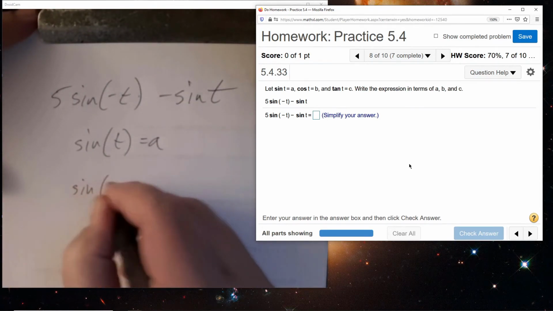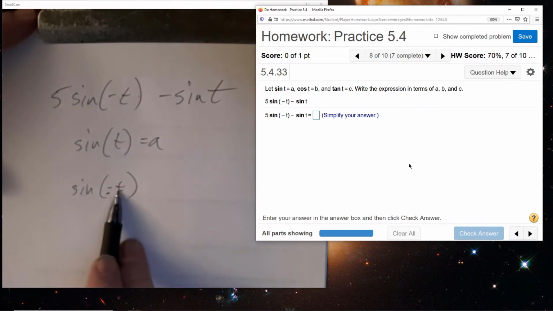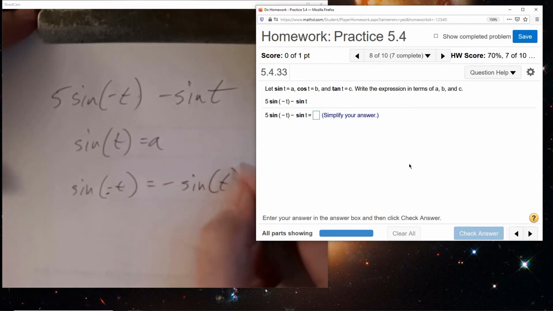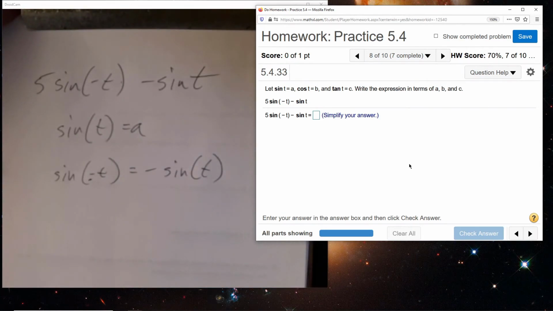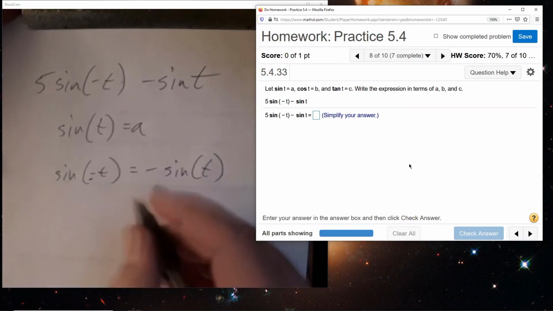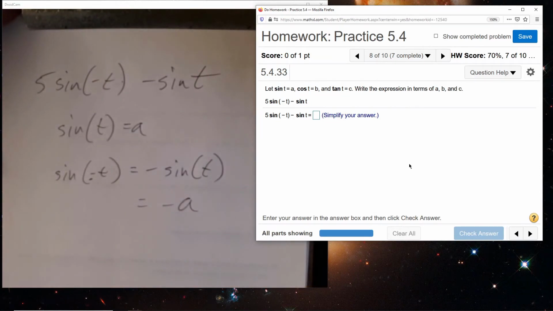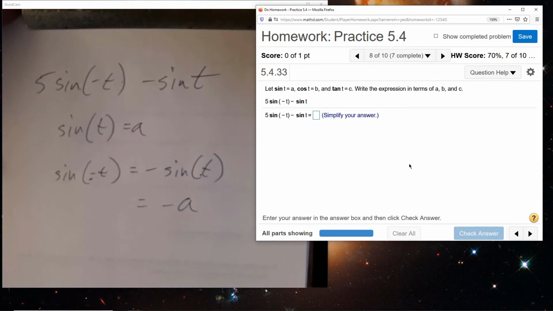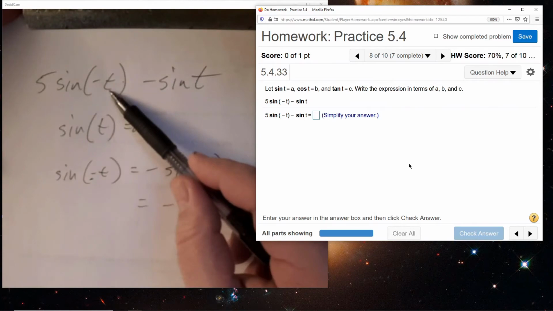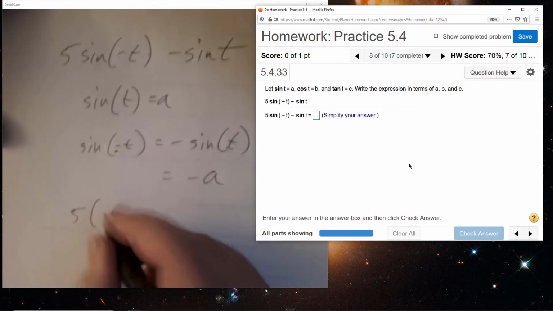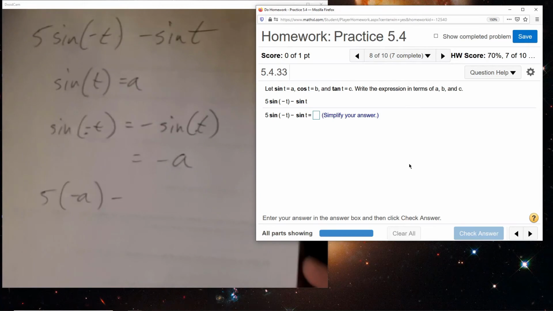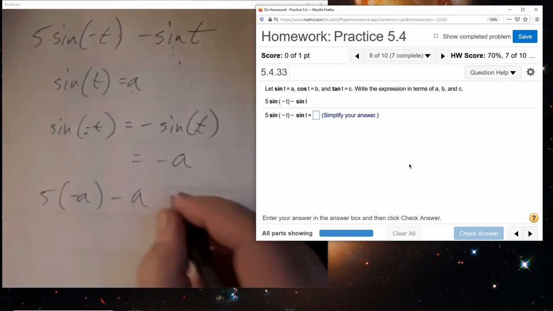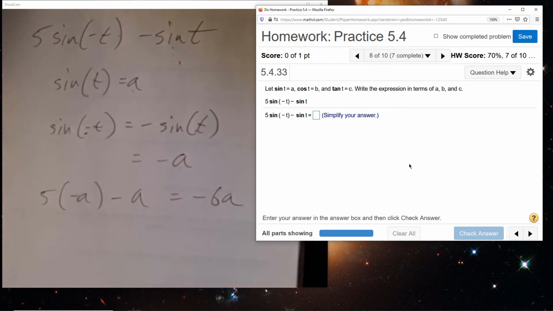And an odd function means the negative of your input is exactly the same as the negative of the output. And we can write that as minus a then, because we know sine of t is a. And so we can plug this in for our sine of minus t. So we'll get 5 times minus a. And sine of t we know is a. And so we'll have minus 6a.